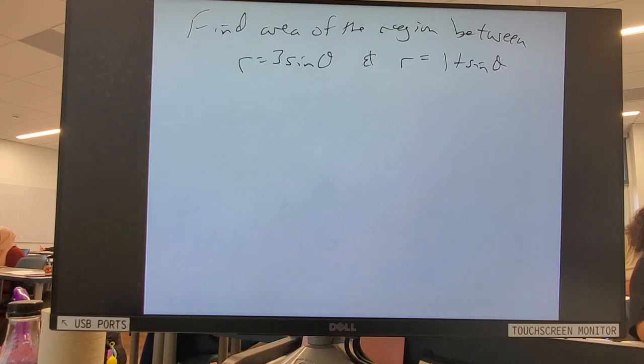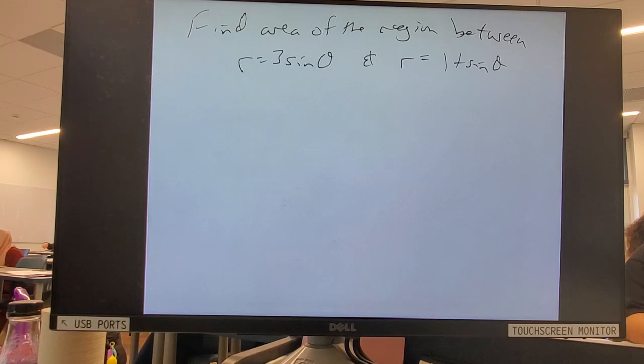When I had to find the area between two functions, does anyone remember the very first thing you needed to do? Find where they intersect. I appreciate that. That was exactly what I was saying.